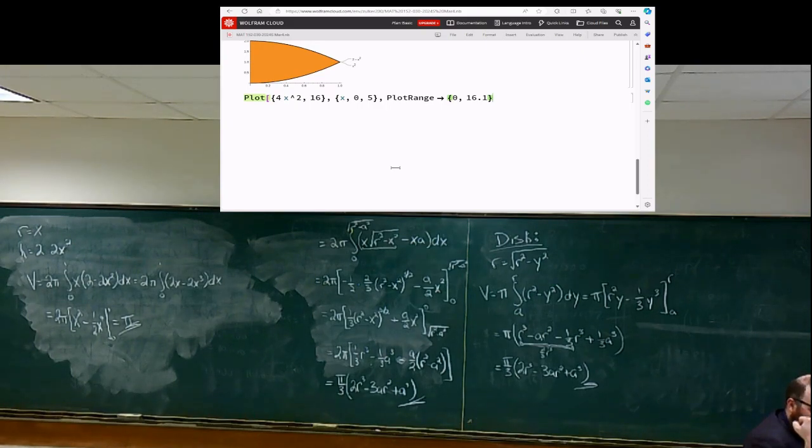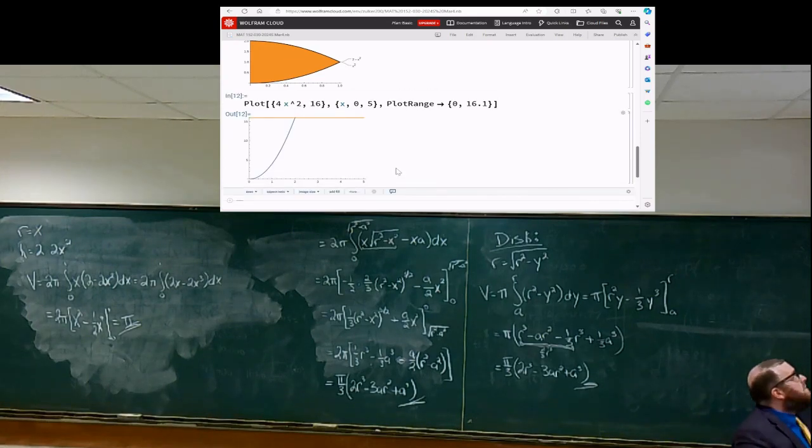And I know that it has to be bounded also by the line y equals 16. Well, the problem is I don't know if the region's going to be above or below. Well, actually, I do. Just by looking at it, you can tell that it's going to be below y equals 16, right? Because it's 4x squared. That should be good. So it's this region in here.